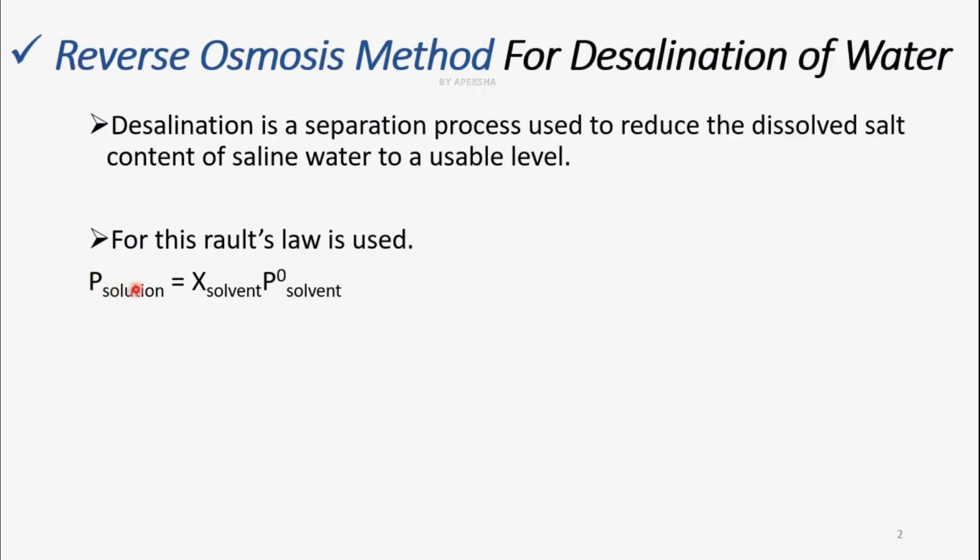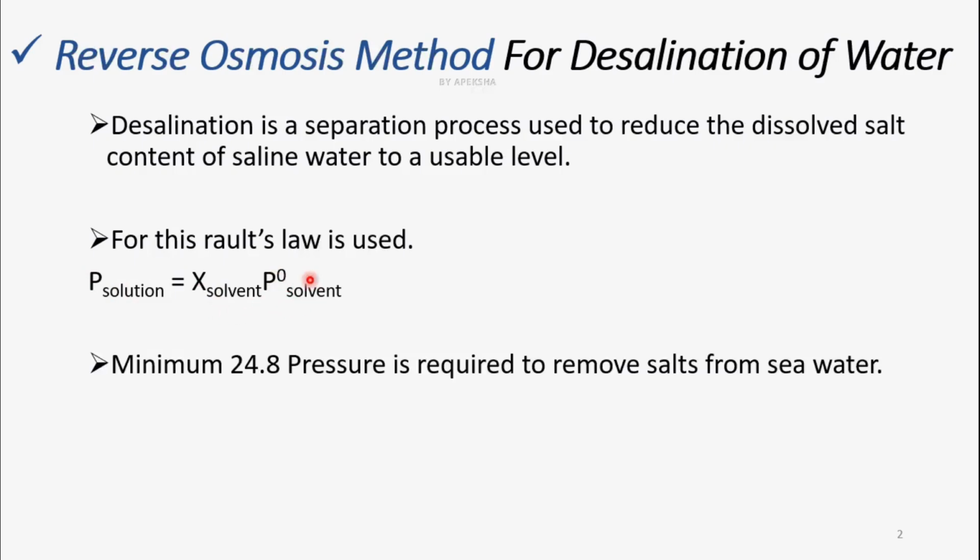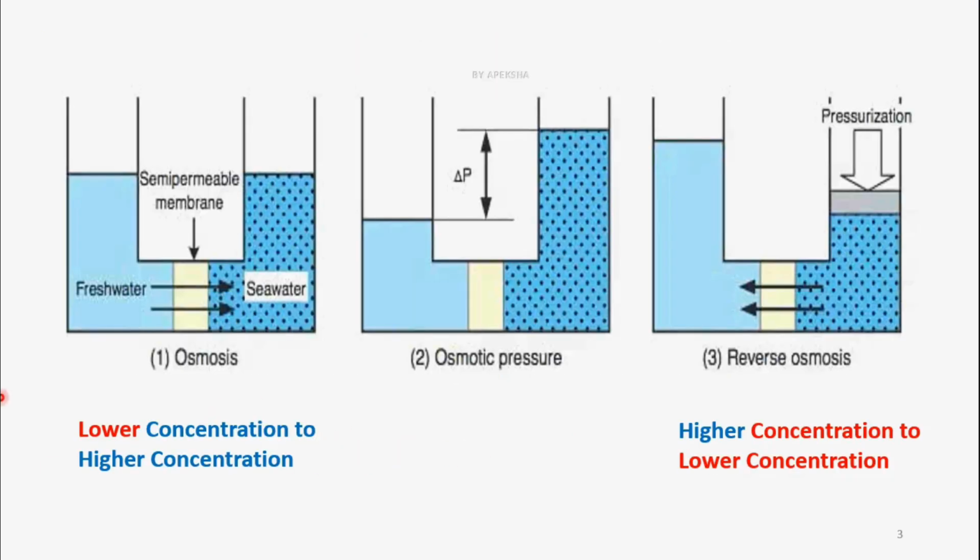P, the pressure of the solution, is equal to the mole fraction of solvent multiplied by the pressure of pure solvent. Here a minimum of 24.8 atm pressure is required to remove salts from seawater, and in industry the pressure is about 50 to 100 atm.